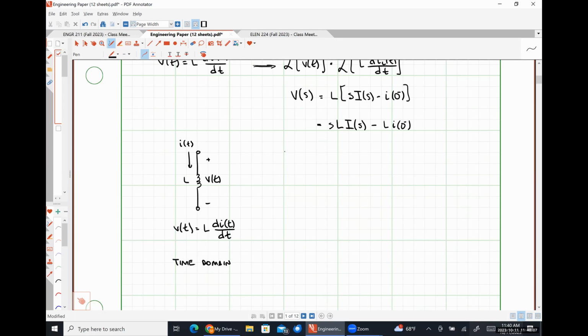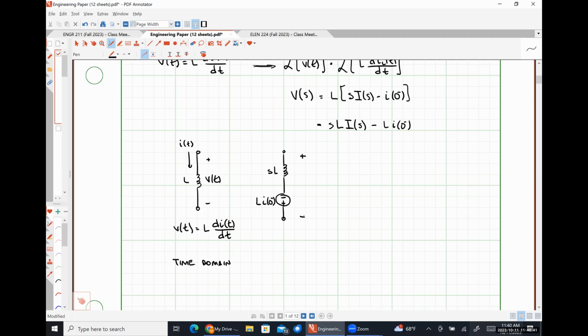In the S domain, we'll have our inductance, and it'll have, I hesitate to call it an impedance, but it's effectively an impedance, SL. And then we're also going to have that in series with a voltage source, which is taking care of the initial condition part, where the value of that voltage source is L times I at 0 minus.